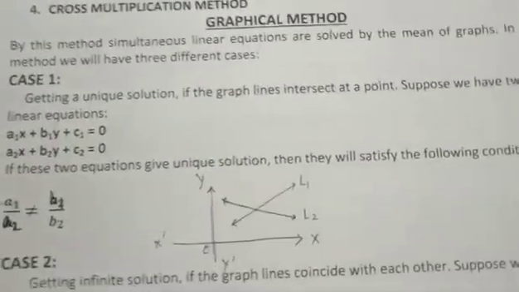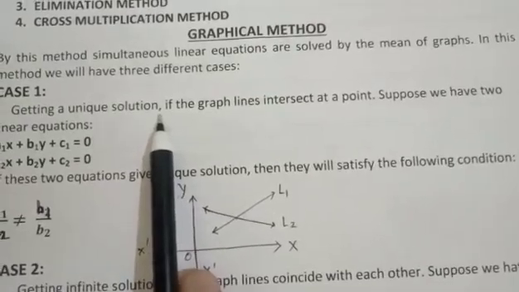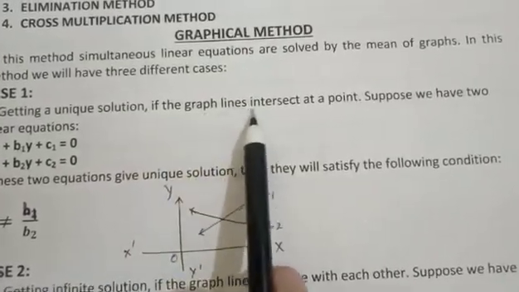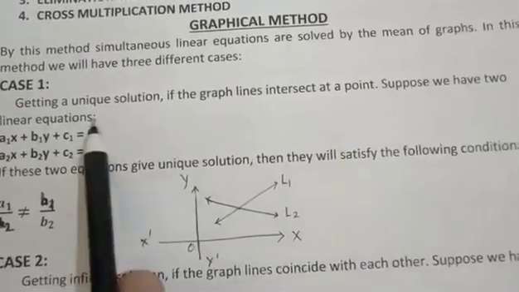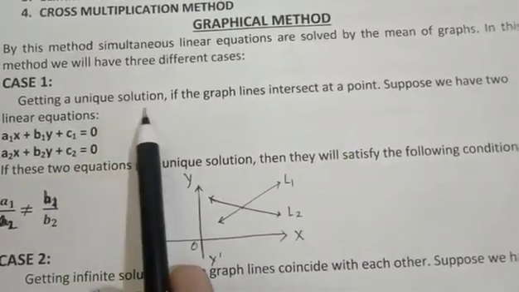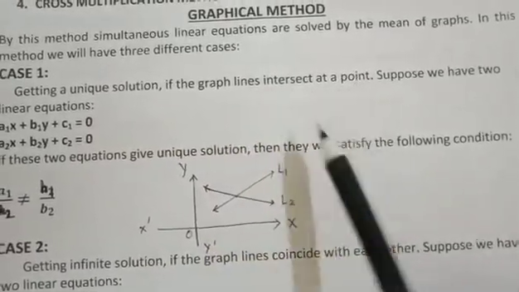Case number 1, getting a unique solution. If the graph lines intersect at a point, that means if you are getting a unique solution, then the graph should be intersecting at a unique point.